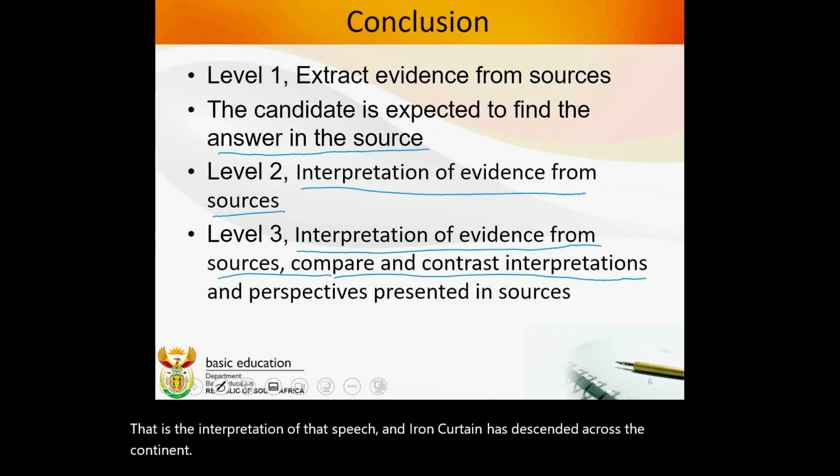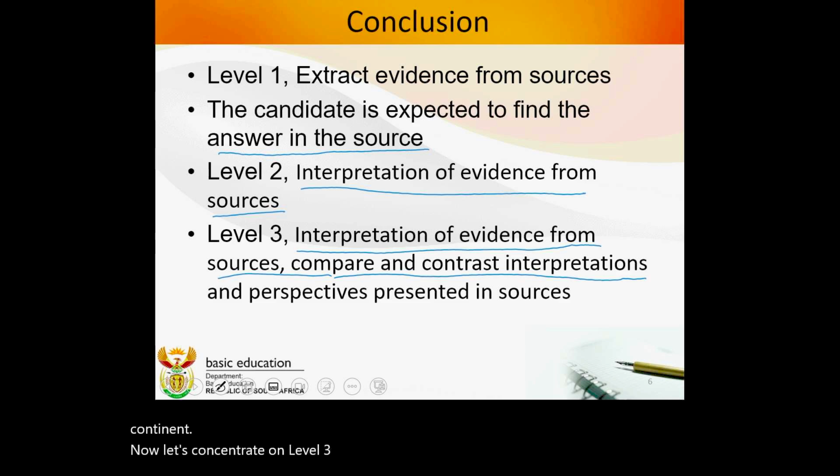Now let's concentrate on level 3 questions, where we said that it's an interpretation of evidence from sources. They compare and contrast interpretations and perspective presented in sources. Remember, we said more or less that is 16 marks.